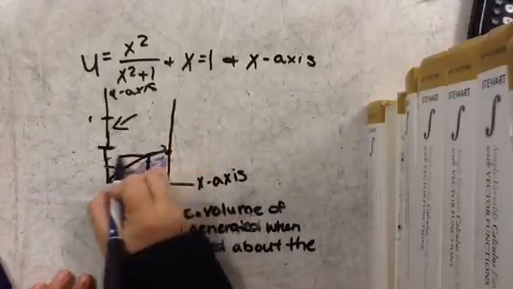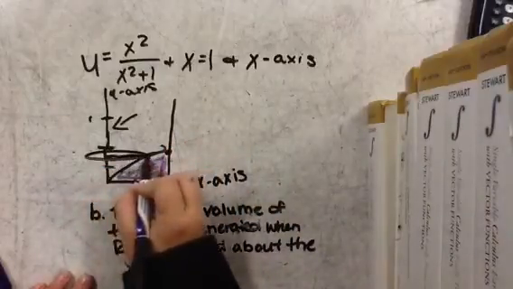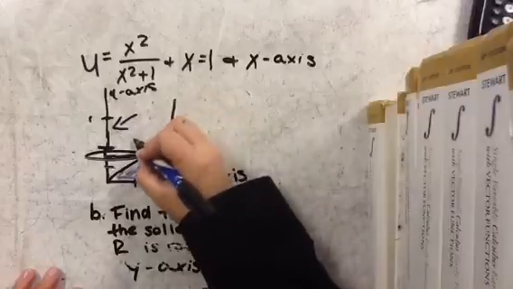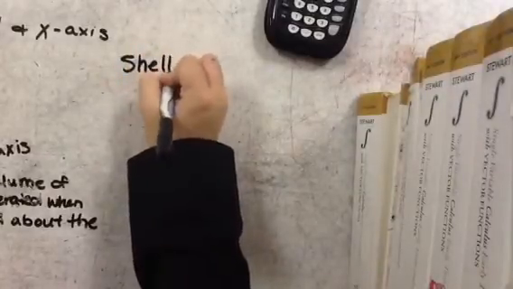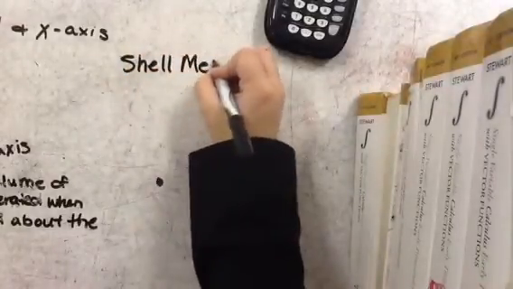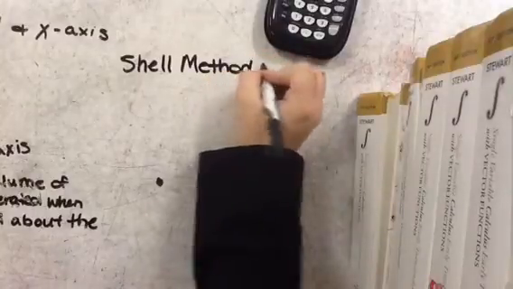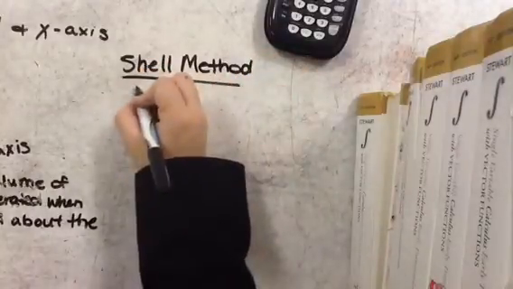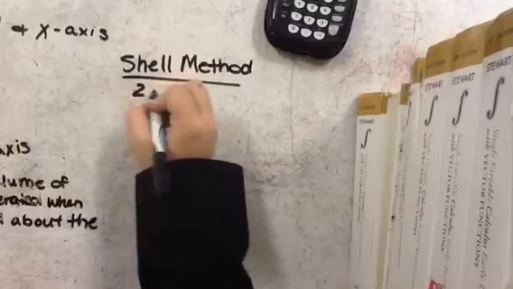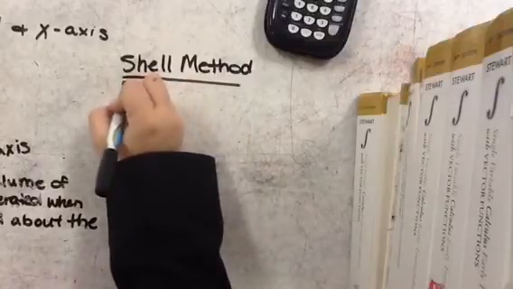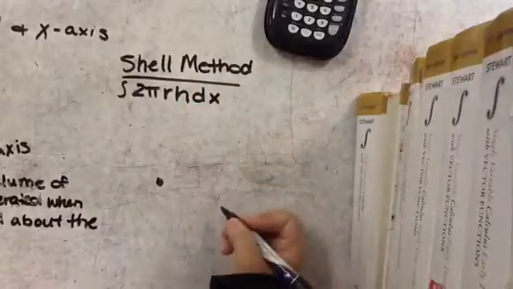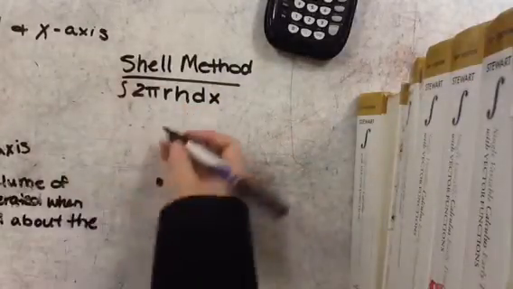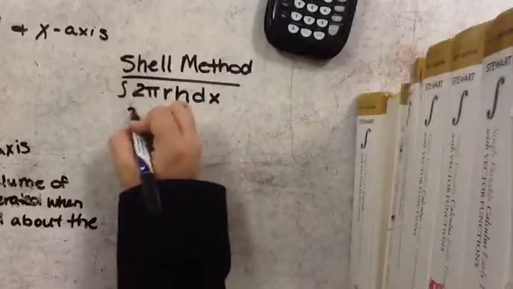And if we're going to do the shell method, you take a slice and you rotate that slice around that, and that would be x. So the equation for the shell method is the integral of 2 pi RH dx, depending on which one we're rotating around, but for this time we're doing dx.